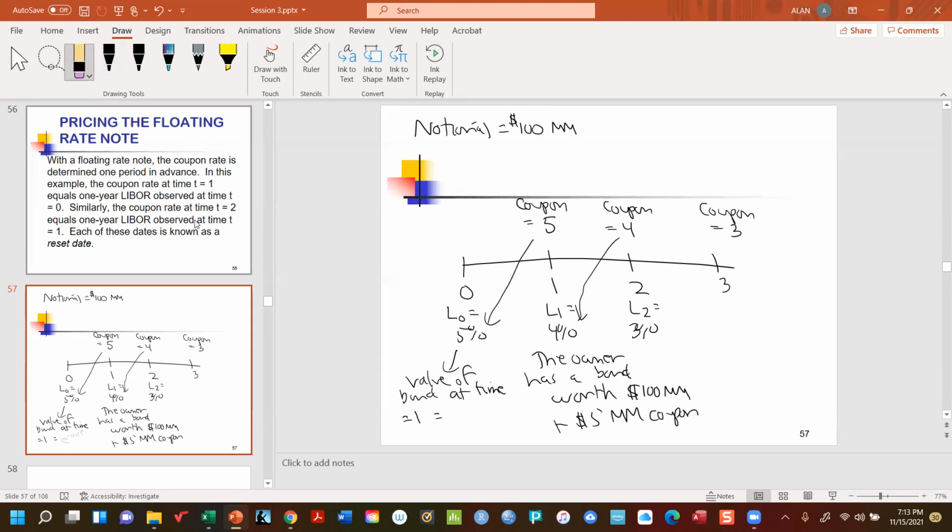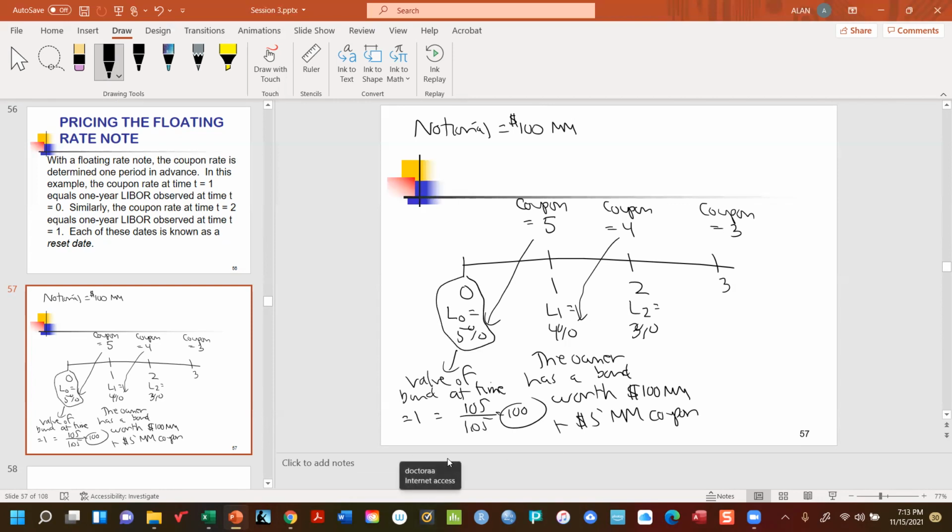That's why this is so confusing. 105 is the total value of our position. 100 million, but only right here when the interest rate has first been determined. After that, at any day in between here, the price of the bond could be anything.